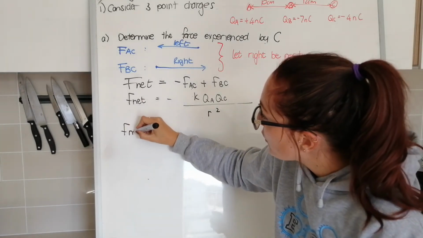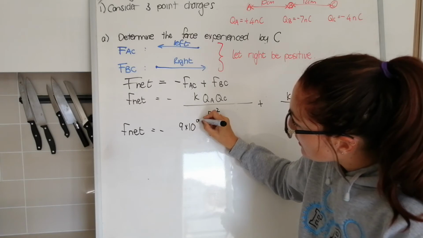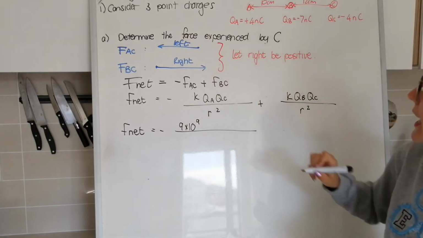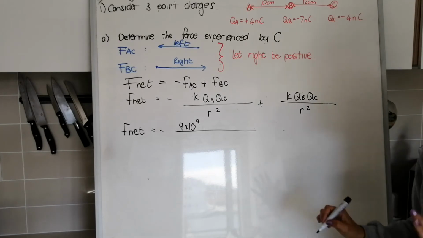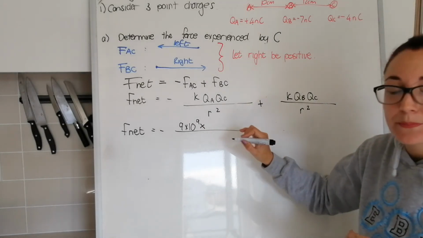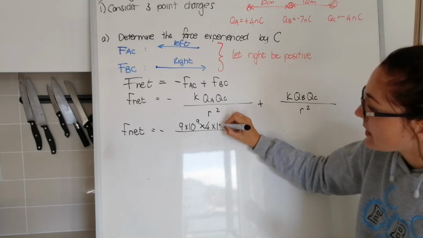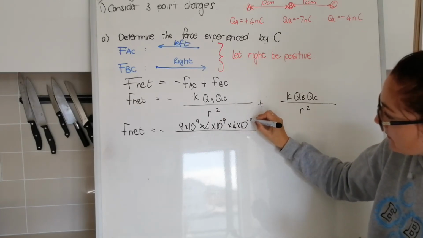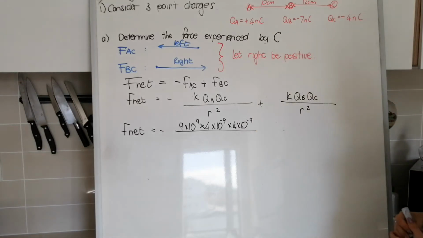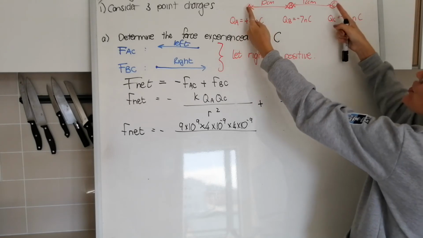So our net force is equal to negative 9 times 10 to the 9. QA and QC are 4 and 4. We exclude the sign of the charges, so it's only the number. So it's 4 times 10 to the minus 9 and 4 times 10 to the minus 9. And now the distance between QA and QC is this whole distance.